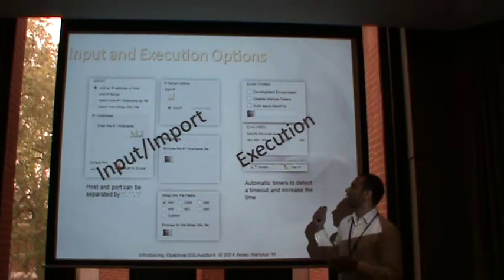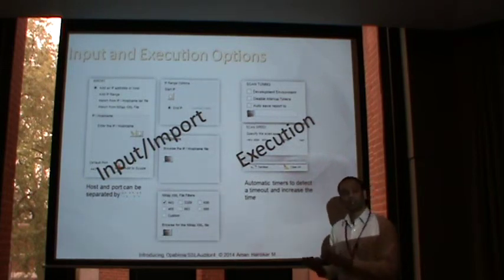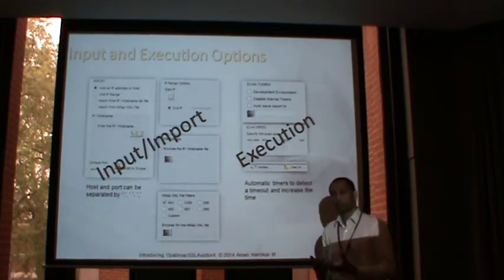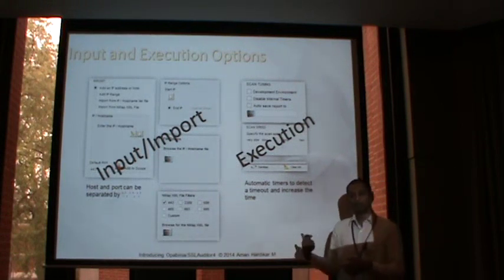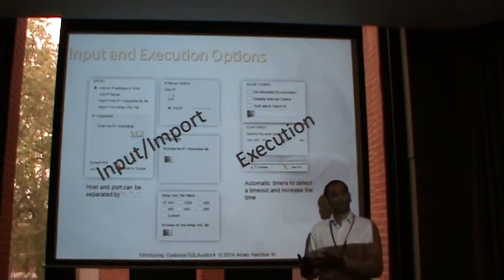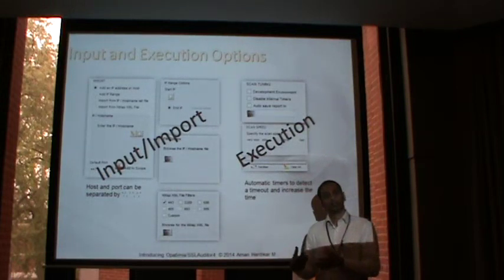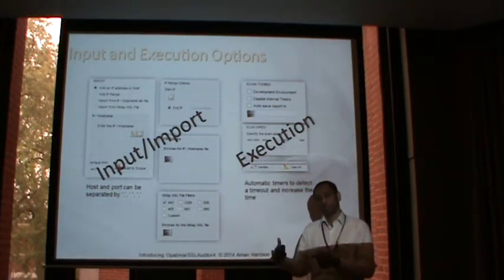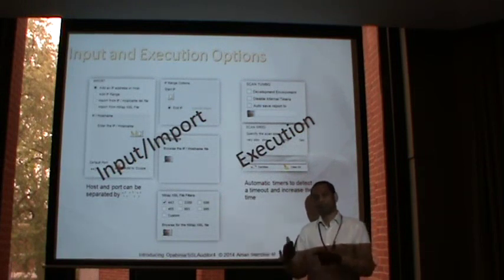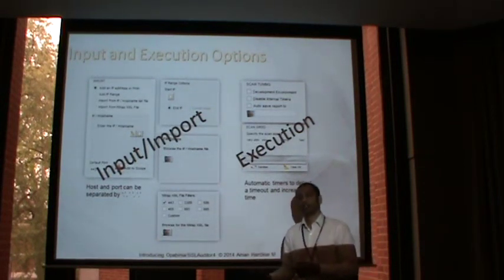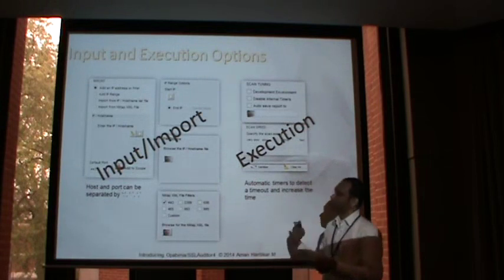The other option in the tool is automated timers. When the tool identifies a timeout or an error, it increases the time to 2x, and if it still gets the same error or timeout, it pushes it to 5x before it moves to the next module.